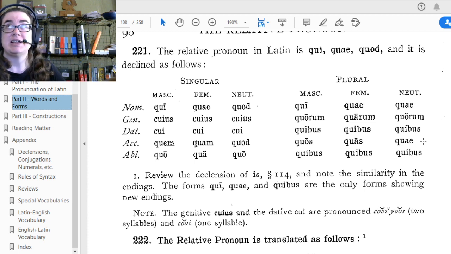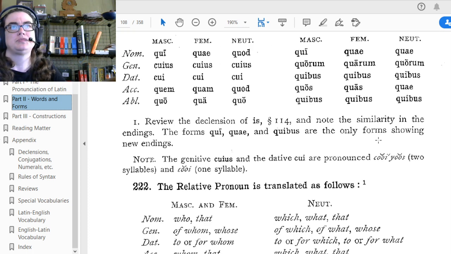We're going to see that in the third declension nouns. It was a little bit tricky. But as it points out, the declension of is, ea, id, there are similarities between the endings. So it's following its own little pattern, but it's not completely nonsense. So I'll take it.